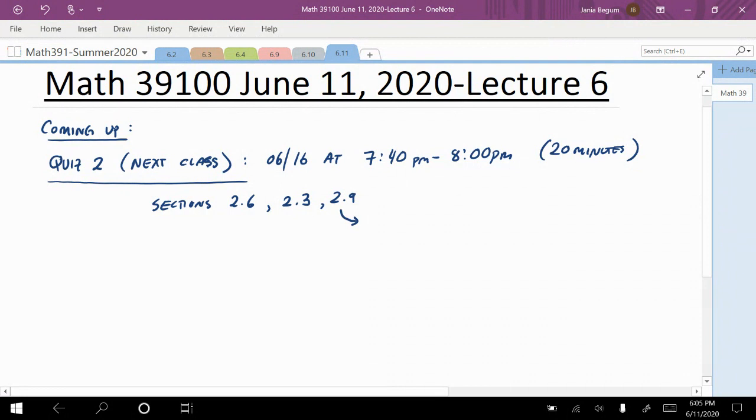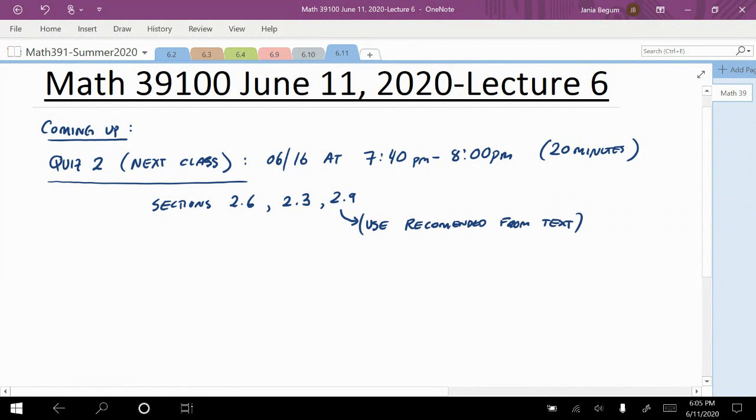On WebWork, only for 2.9, Sadia, thank you for your comment, if you notice, it only has questions for Bernoulli equations. It doesn't have reduction of order for some reason, and it doesn't have miscellaneous questions. So I would say for 2.9, use the recommended questions from our textbook, so that way you have practice for 2.9.